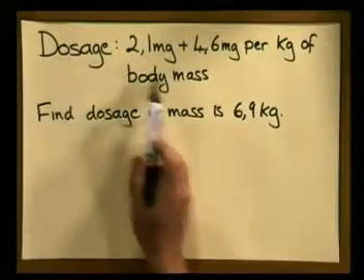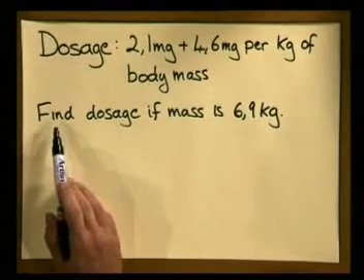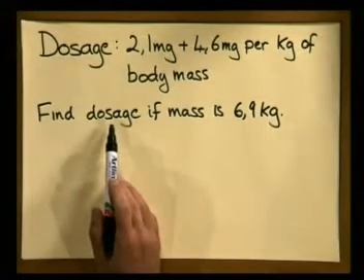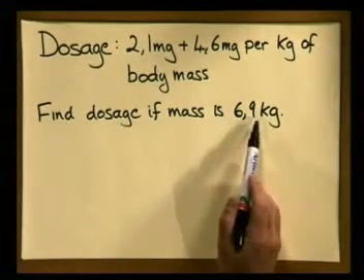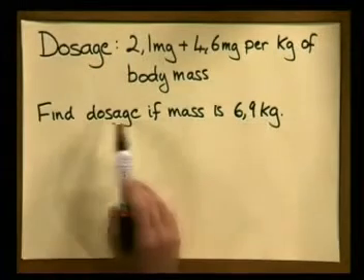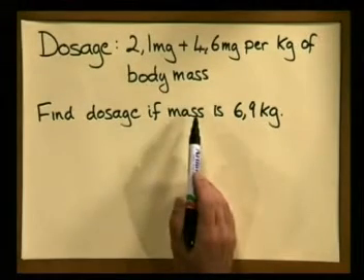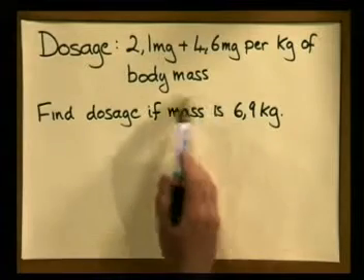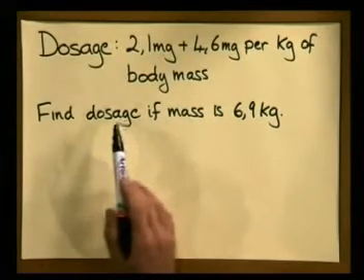Let's revise function notation by having a look at your task from lesson 4. You were given this information and you were asked to find the dosage if the mass were 6,9 kilograms. So the dosage depends on the body mass, but the body mass is independent of the dosage.